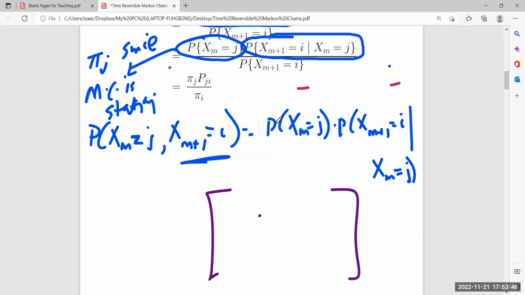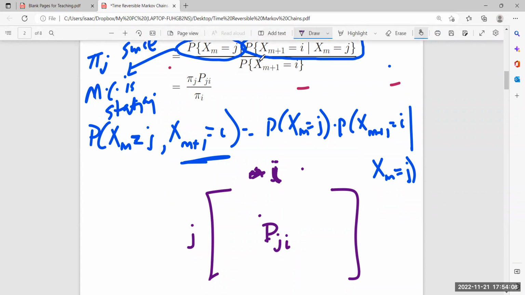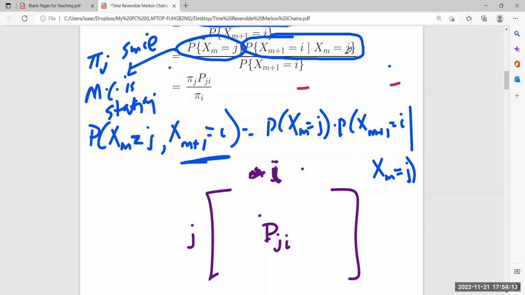You move from state j to i, so that probability here would be pji. This number is simply from the original Markov chain transition matrix with the probabilities. So this here is just pji.